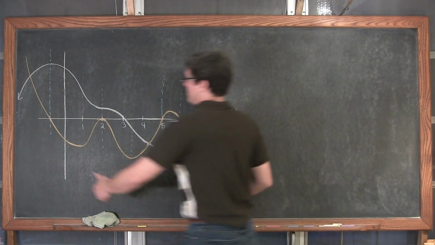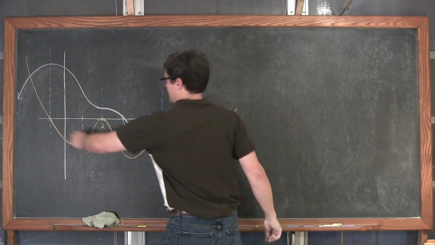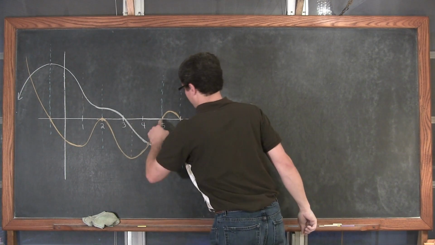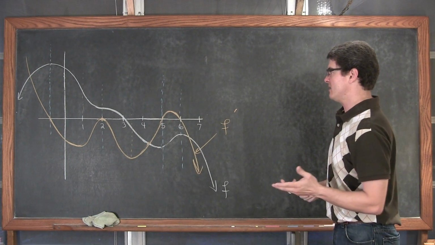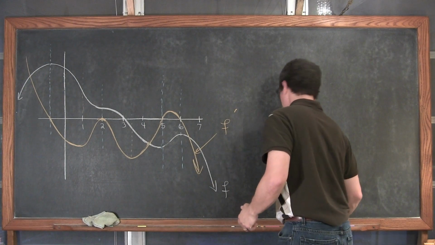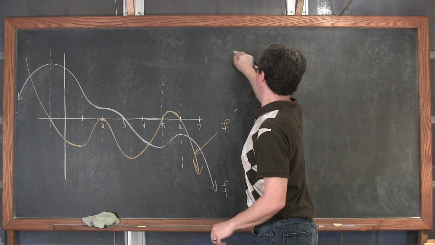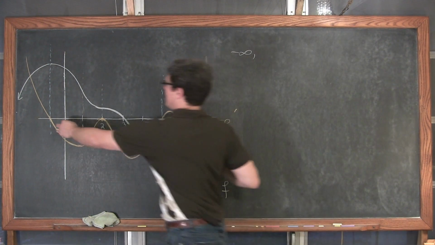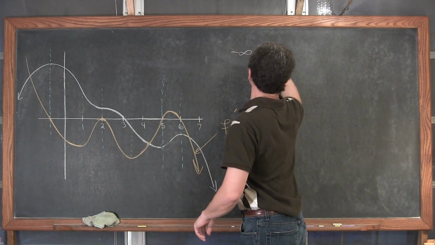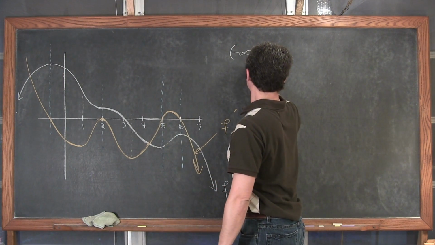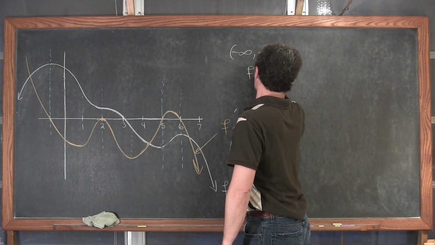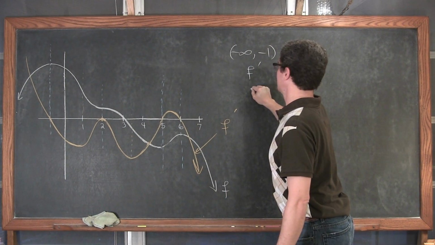And again, our critical values here at -1, 2, 5, and 6 mean that, let's see, from -infinity up until -1, our first derivative is negative. So again, that is decreasing.